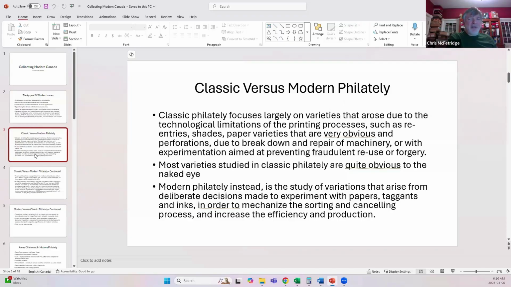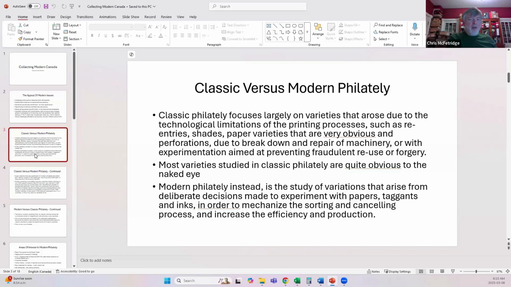Modern philately, by contrast, is the study of variations that arise from deliberate decisions made to experiment with papers, taggants, and inks, largely in order to mechanize the sorting and canceling process for mail and increase efficiency in production.